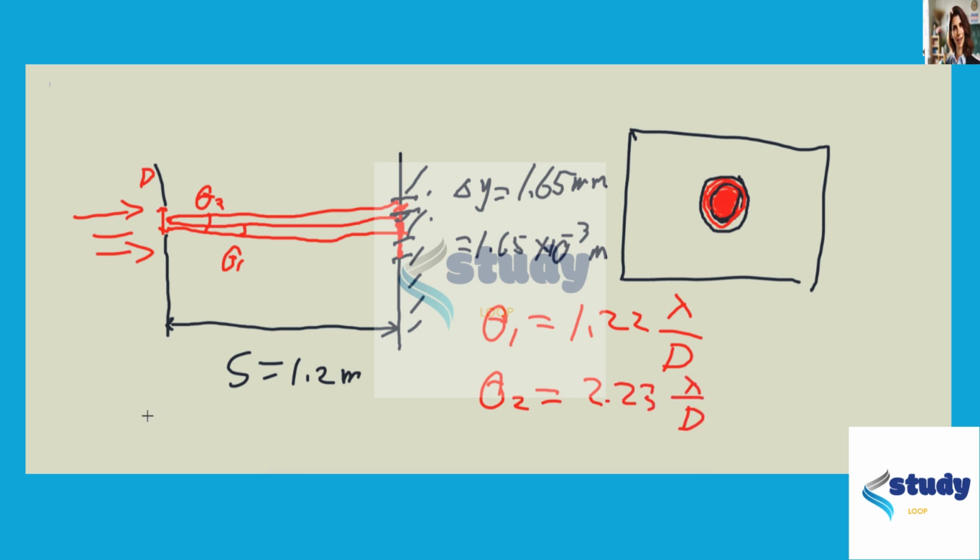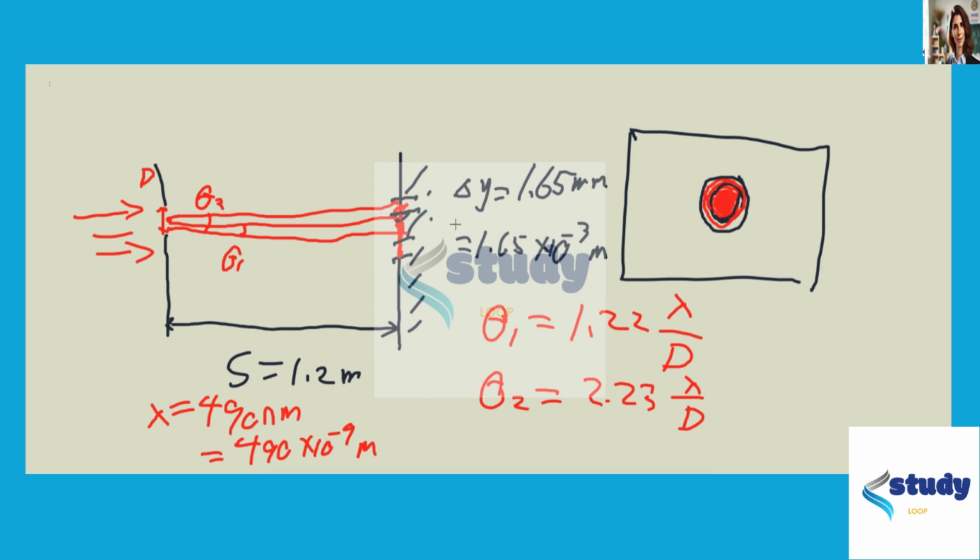We already learned that lambda equals 490 nanometers, which is 490 times 10 to the minus 9 meters. That's all for this problem.